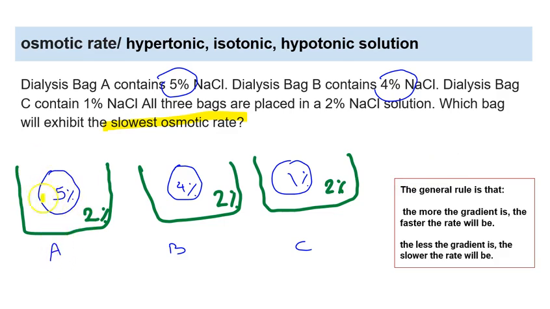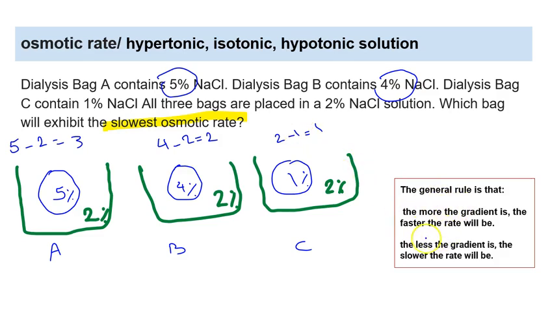So in our dialysis bag A, between these two solutions, we have 5 minus 2, 3. It would be the concentration gradient for our bag A. Then for the B, we have 4 minus 2, which is 2. And last one, we have 2 minus 1, which is 1.